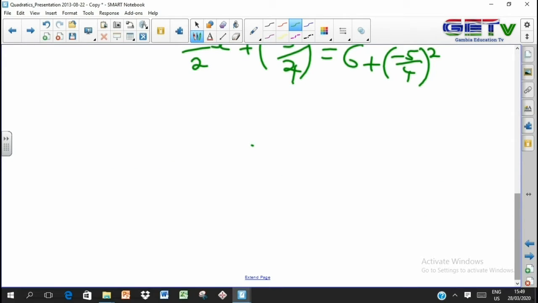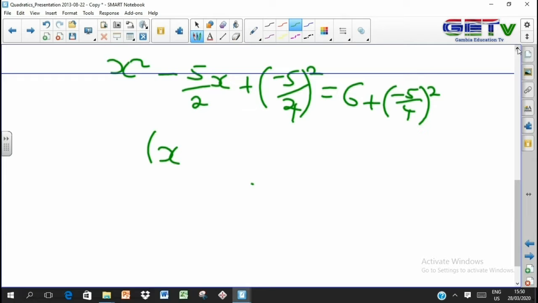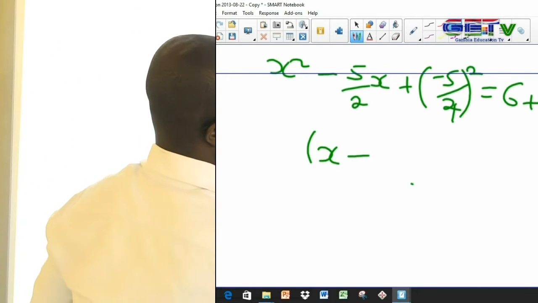Now, all you need to do is simplify, and then that can lead us to the answer right away. If you simplify what is on the left-hand side by factorization, which was our previous lesson, you will have x inside the bracket. Remember, what we added to both sides was negative 5/4 all squared. So the sign that dictates what is in the bracket is negative.